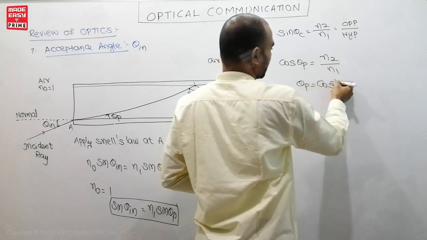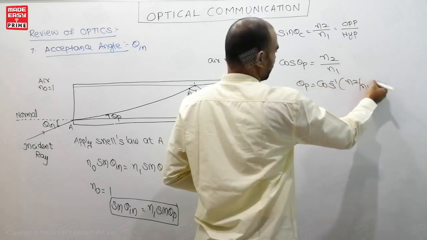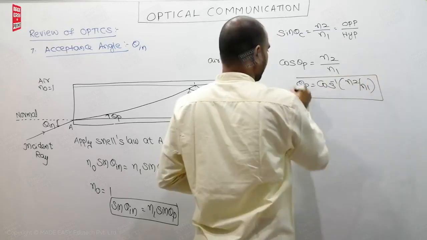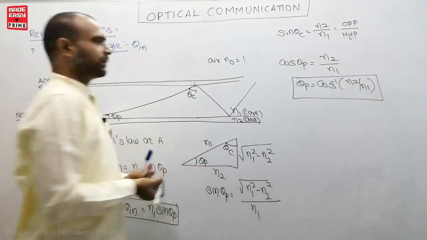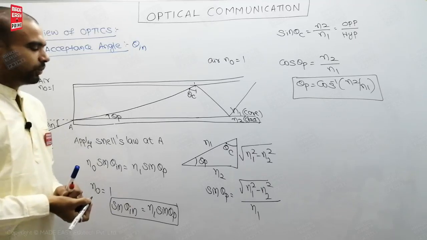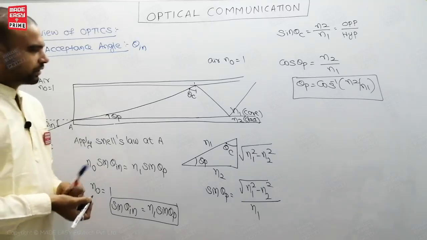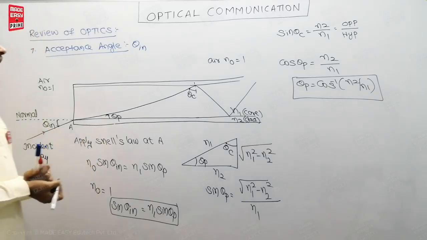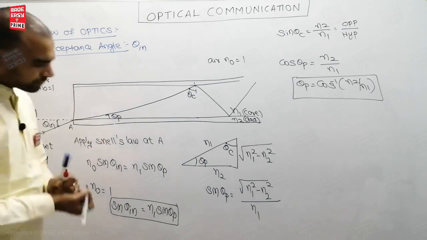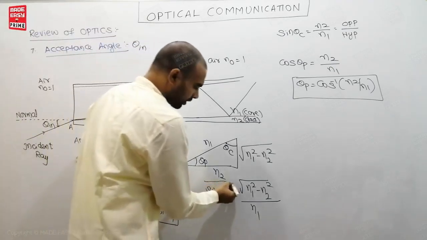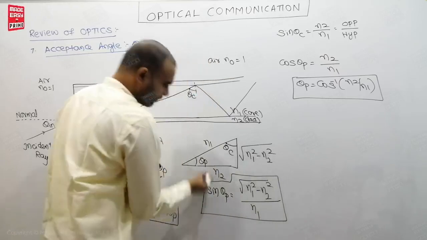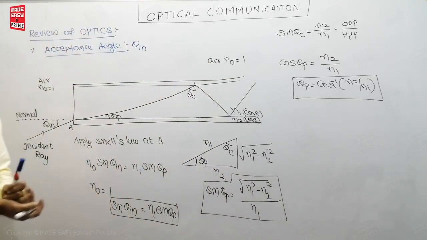So theta p is equal to cos inverse of n2 by n1. These are the formulas for the critical propagation angle.